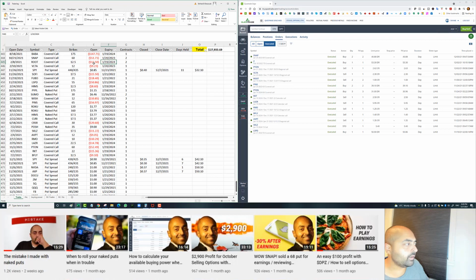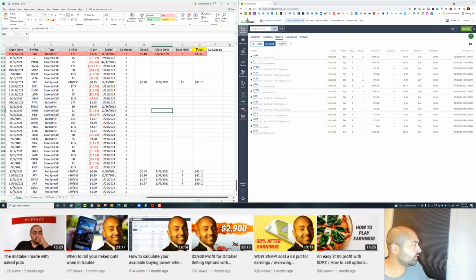There's really no benefit to this trade, just wasted capital. All right, next here I've got pins. I think I did this already. Yeah, Peloton, I believe I did. Actually, no, so this one I did. This one was the December 17 Peloton. Where is it? So it's this one here that I rolled to January 21. Okay, so 01/21/2022.